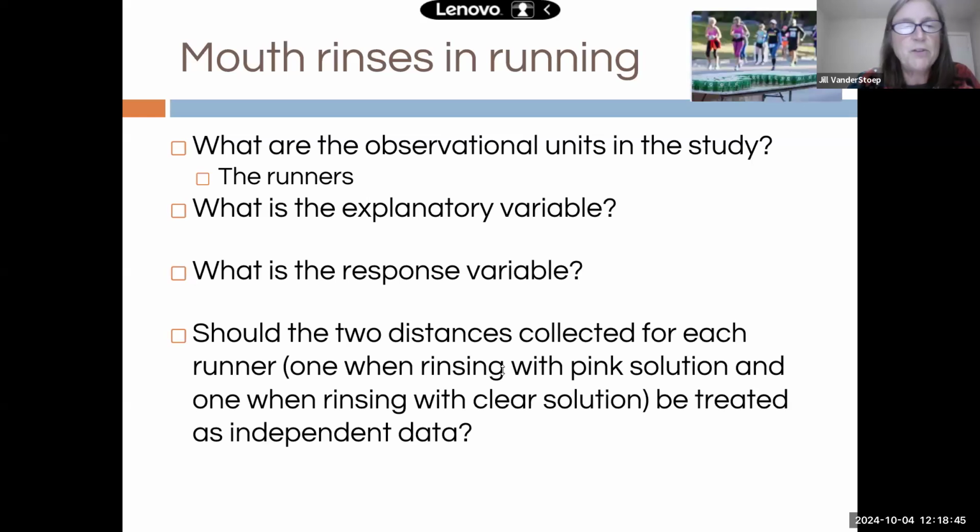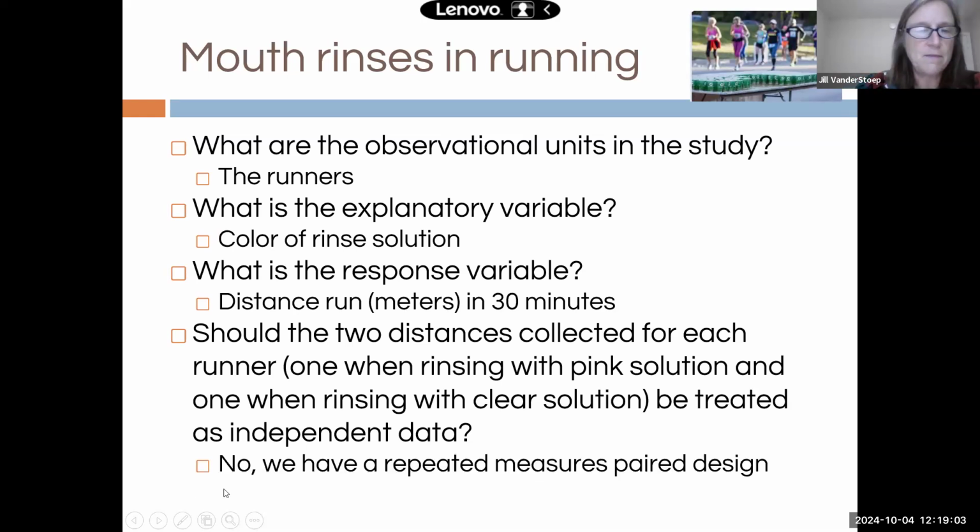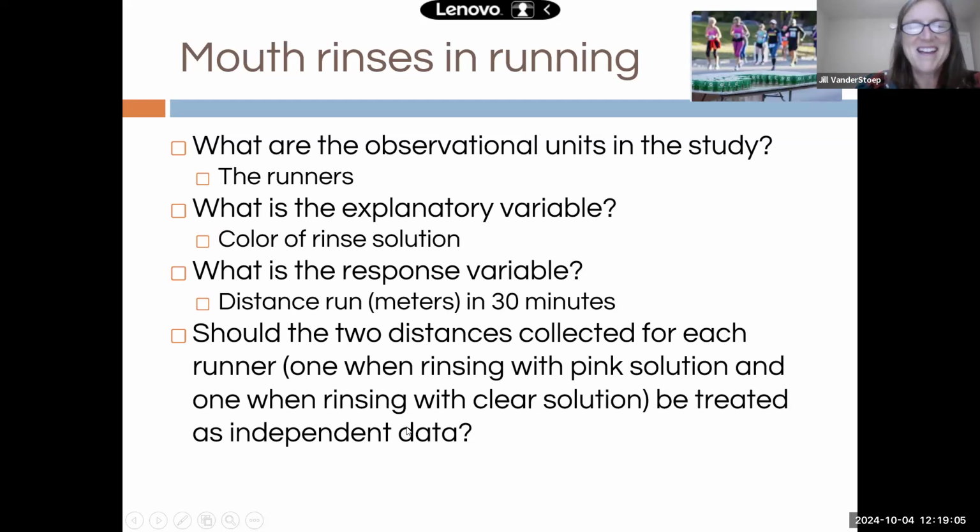And the response variable, go to the chat, but don't hit enter. What was the response variable that was measured? Yeah, hit enter. The distance run. So the question here is, should these two distances that are collected, one when they were rinsing with the pink solution, one when they were rinsing with the clear solution, be treated as independent data?